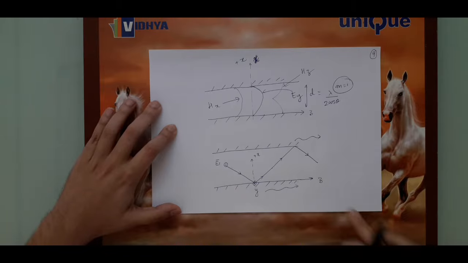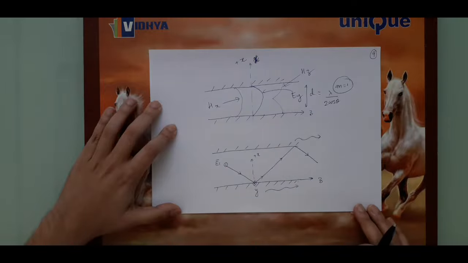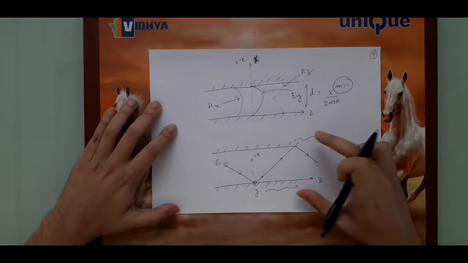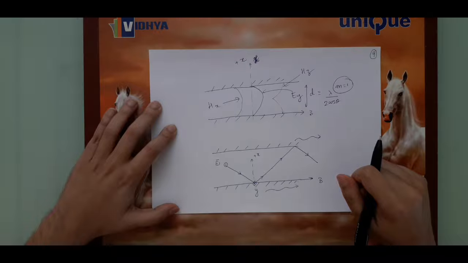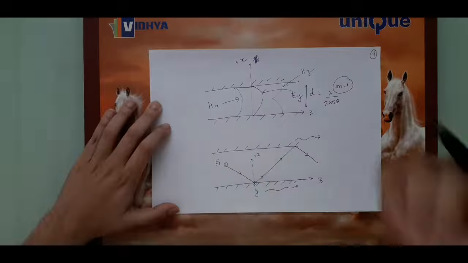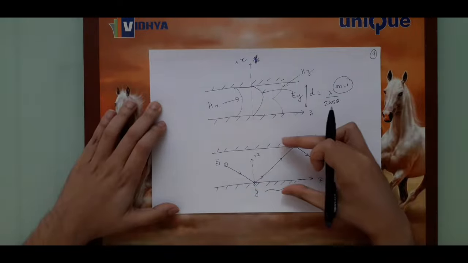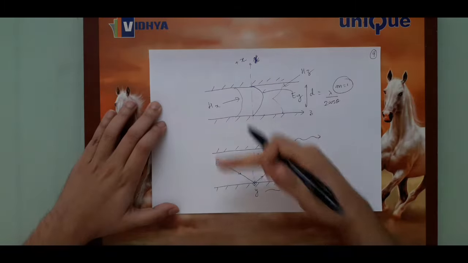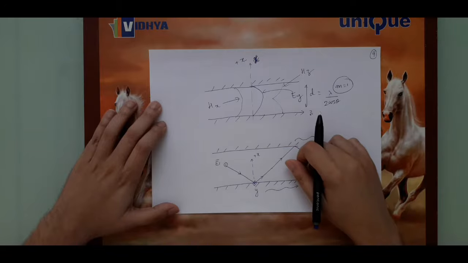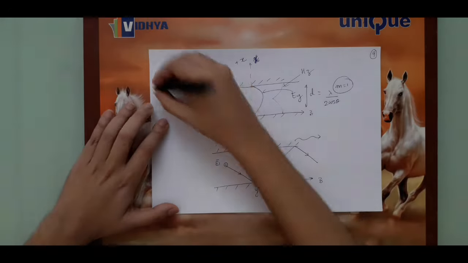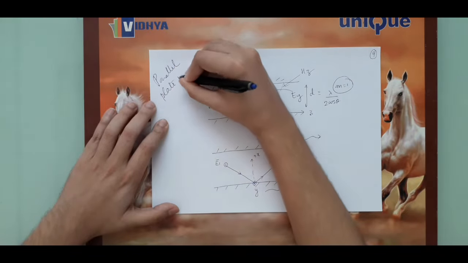So this is the way with which multiple reflections can guide the energy along the two surfaces. So the structure where you have two metallic or two conductive plates which are kept parallel to each other to guide a wave is called a parallel plate waveguide.